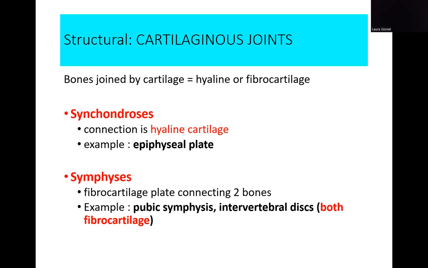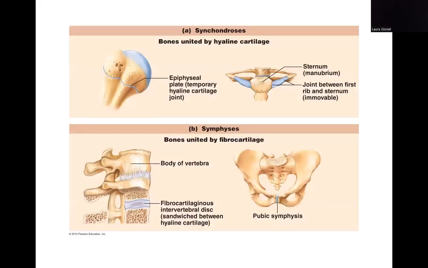A symphysis, our two locations for you to know, are fibrocartilage locations: the pubic symphysis and the intervertebral discs. So here we have a synchondrosis. This is a great example, where we have the epiphyseal plate, proximal and distal on these long bones, and over here between the first rib and the sternum, that's another location.